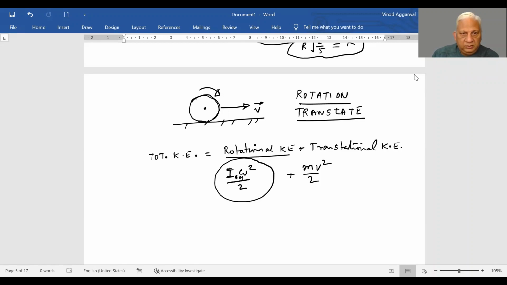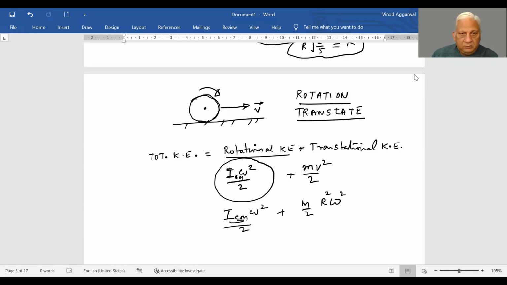Then this is the same as the moment of inertia through an axis going through the center of mass, times omega square by 2, plus, for v, we have already seen it is r omega.